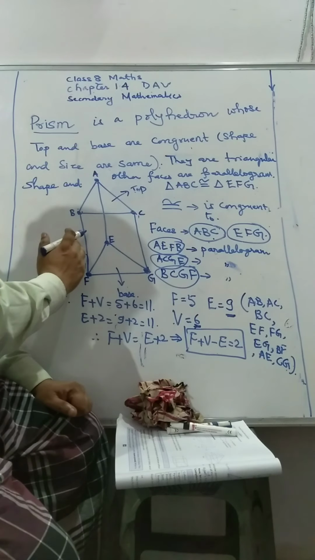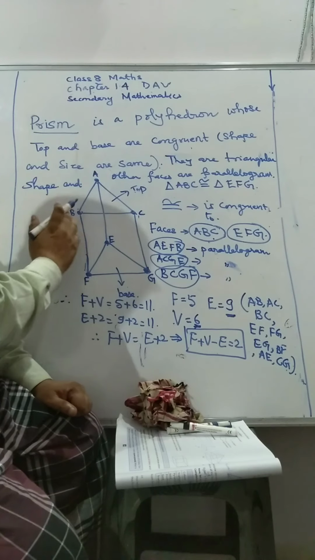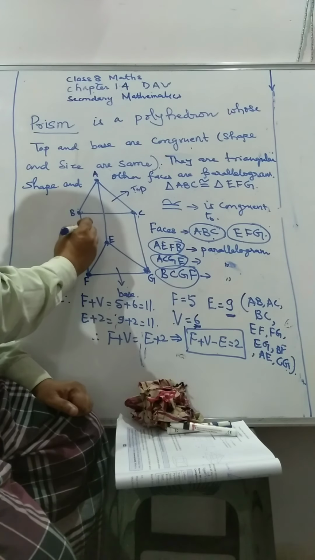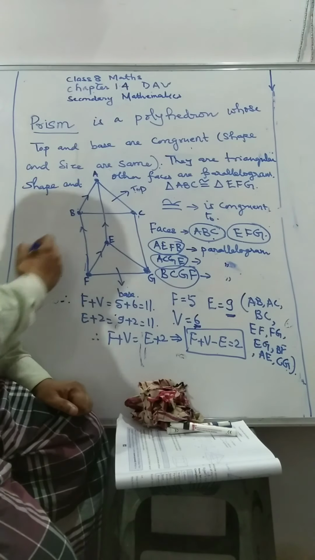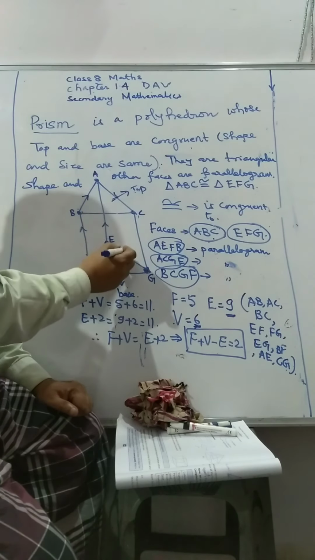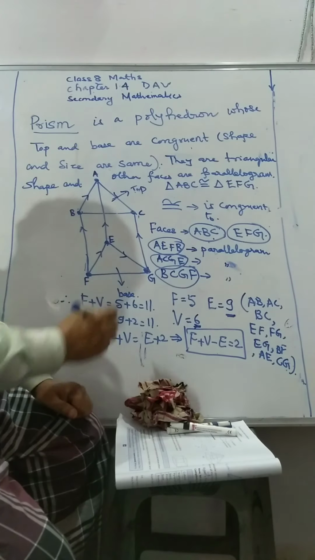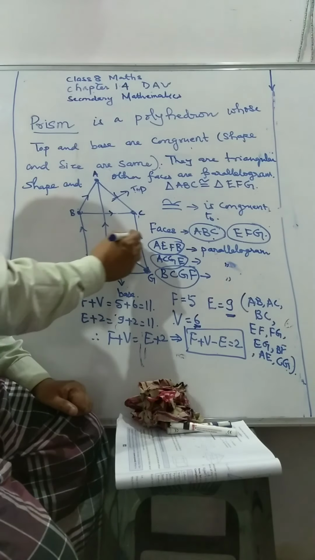The other faces are parallelograms, a special type of quadrilateral in which opposite sides are parallel. So here this and this are parallel, this and this line are parallel, and this and this are parallel.